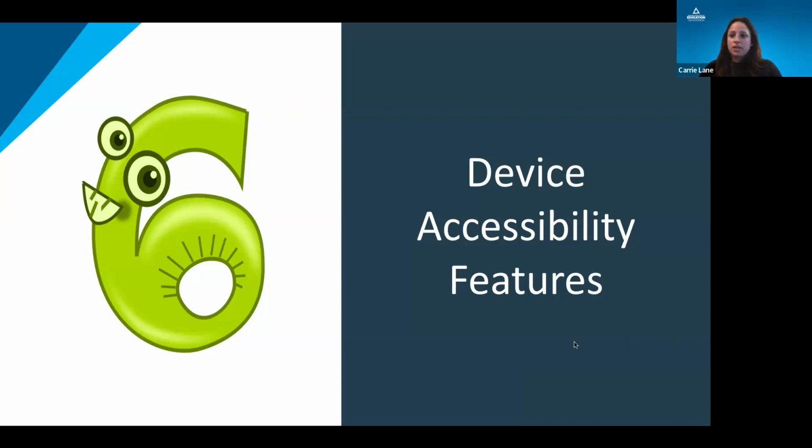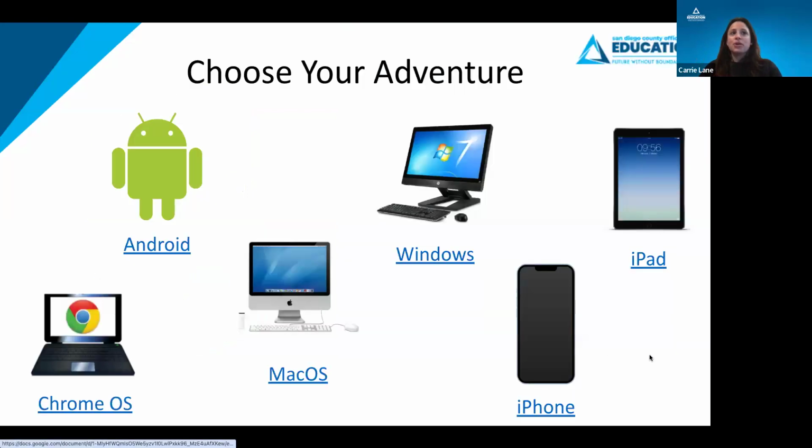And I'm going to jump into accessibility features for specific devices. With this one, I want to point out that because lots of people are using different devices, I won't be able to preview all of the different things, just because I only have certain devices that I own. But I did put in a choose your own adventure.